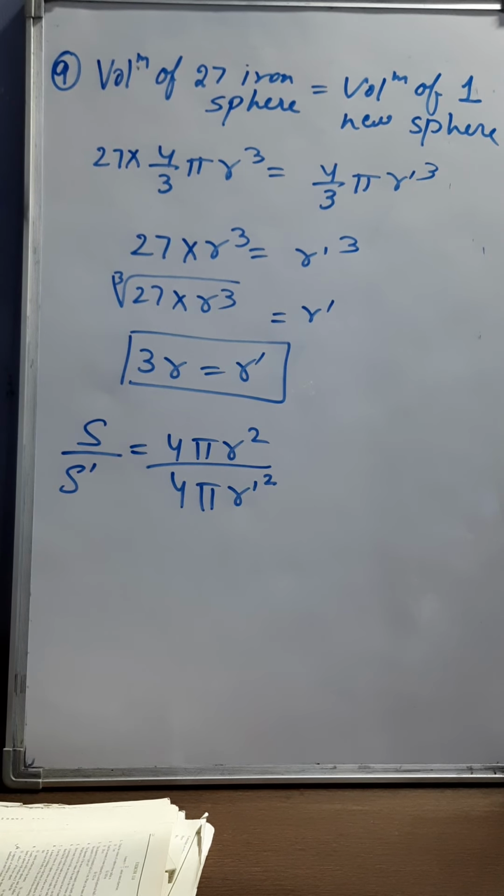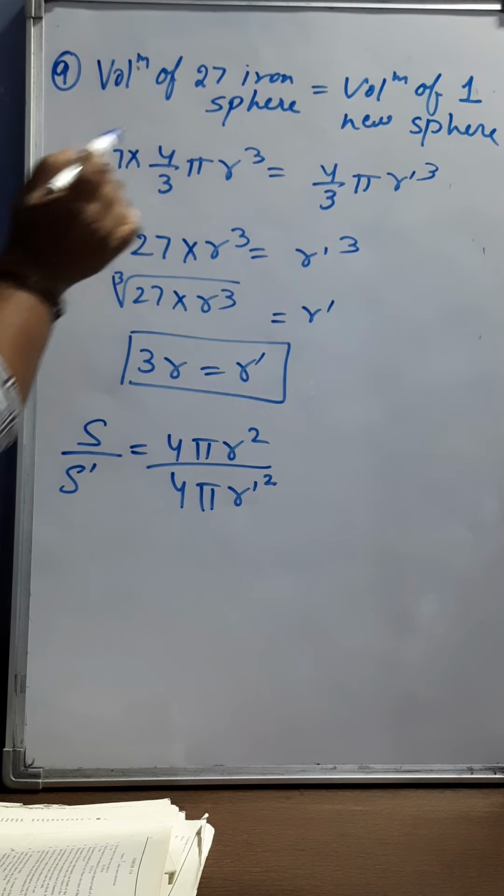Question number 9 says 27 solid iron spheres, each of radius r and surface area s, are melted to form a sphere with surface area s dash. We have to find the radius r dash of the new sphere. So here I wrote volume of 27 iron spheres is equal to volume of one new sphere, because we know that if anything is melted and recast into another shape, volume never changes.